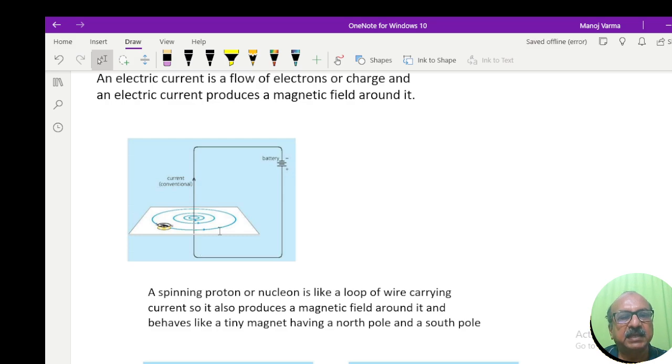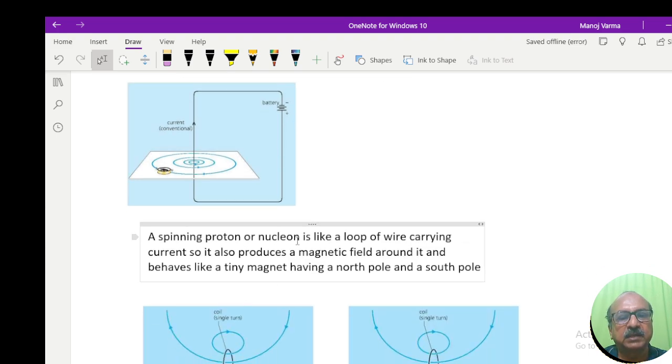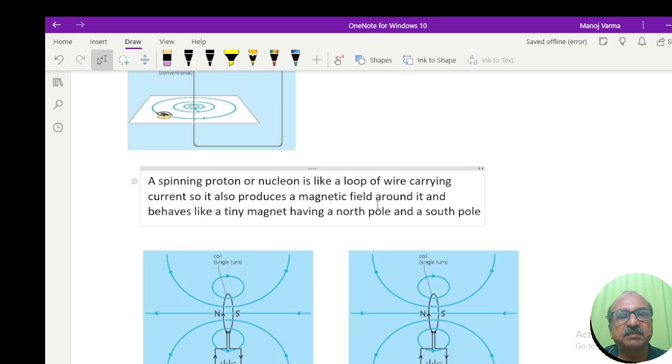But it can be a coil carrying a current. When you have a spinning proton or a nucleon, it's a charge which is moving in a circle. So it becomes something similar to a wire carrying a current, and it also produces a magnetic field around it and behaves like a tiny magnet having a north pole and a south pole.